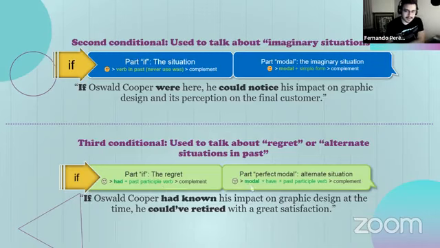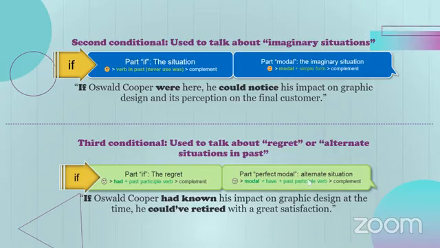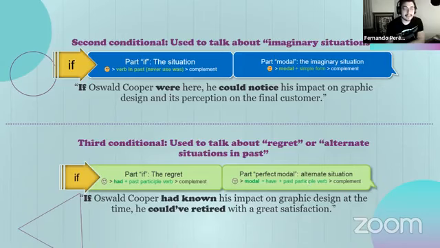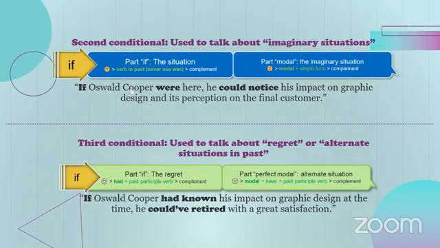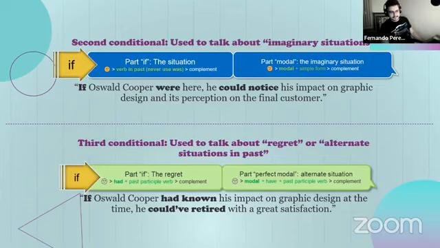Could have, parentheses never. Look at the structure. Past participle. Past participle of get. Not hurted. American English: gotten. British English: got.